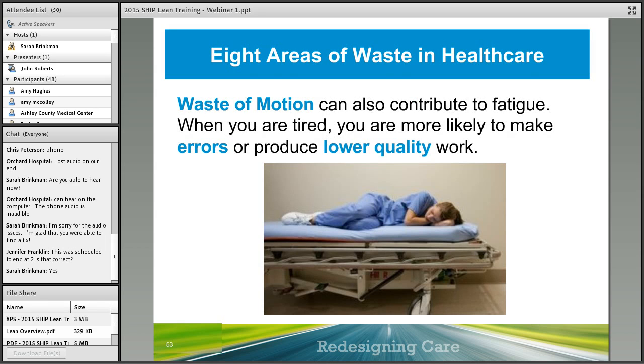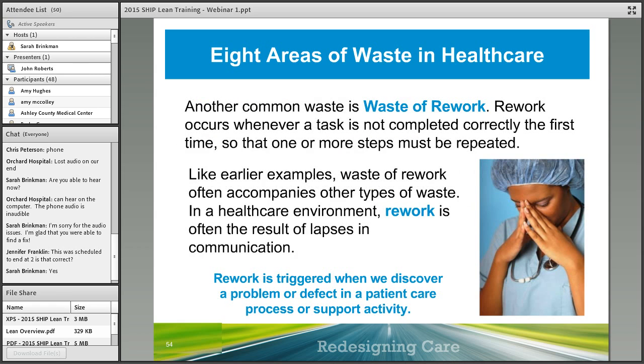And as we talked about earlier, waste of motion can contribute to fatigue in our staff. And we know when people are fatigued and stressed out, it really lends itself to more errors or lower quality of work. And so that's why we really want to look at the area of motion and how we can reduce that and become more efficient.